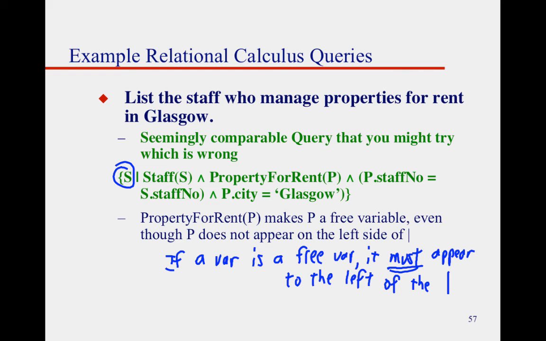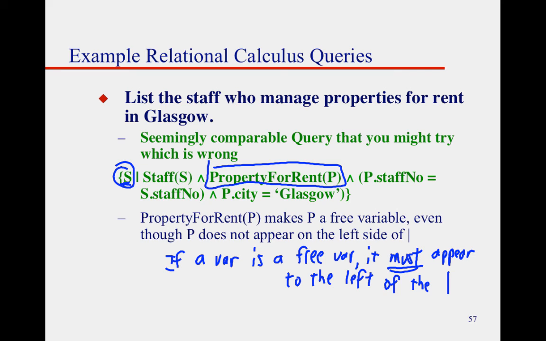No, a free variable is simply one that appears on the left side of the bar. That's it. It can be a free variable if it's on the left side. If it doesn't appear on the left side of the bar, it must be a bound variable. So this is an illegal statement because it doesn't appear on the left-hand side. Okay.